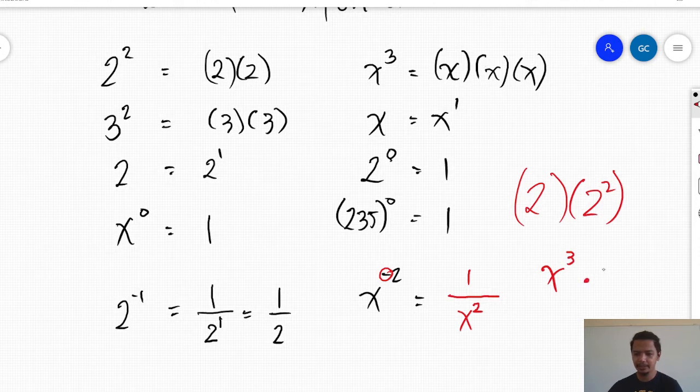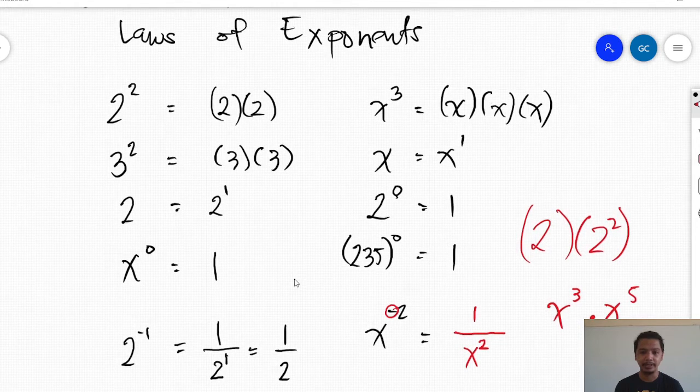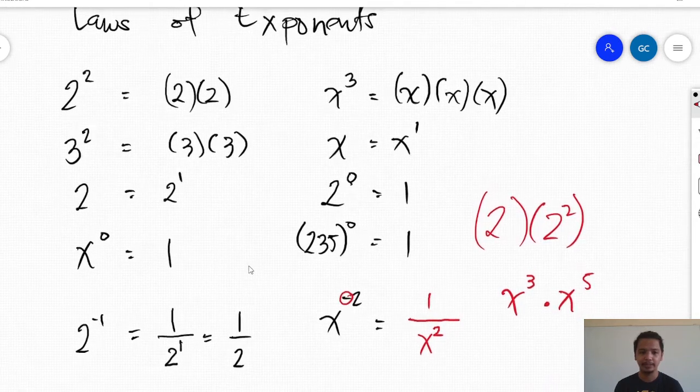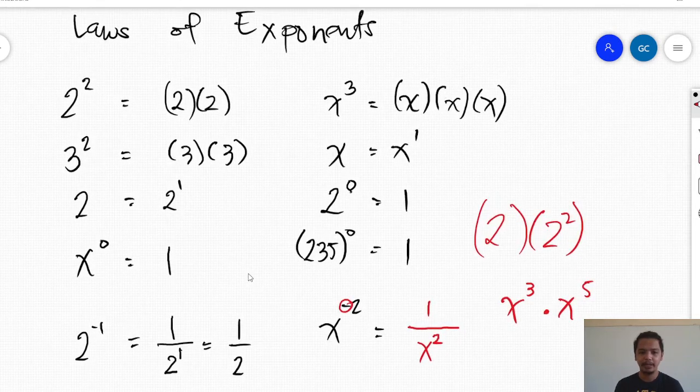I-multiply natin siya sa x raised to 5. Ano yung magiging final form niya? So, yun yung kailangan natin i-consider dito sa mga next na laws, yung binanggit ko kanina na laws of exponents. Okay? So, via laws of exponents, ganito na yung magiging ano natin.